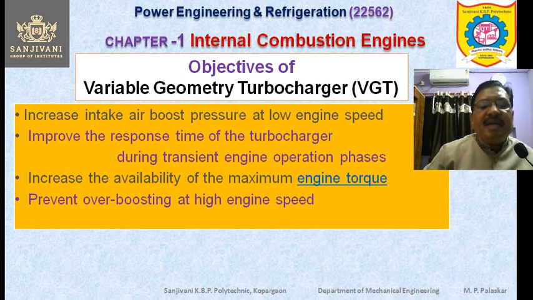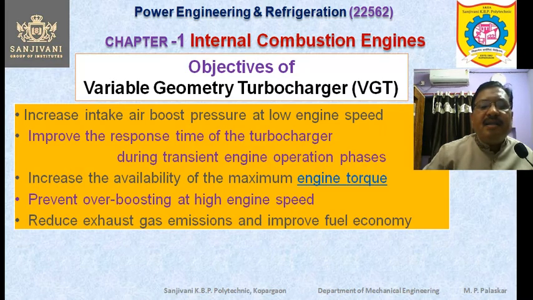At the same time, with the help of this variable geometry turbocharger, VGT, we have to prevent overboosting at high speed. When the speed of the engine is high, the boosting automatically increases. So this we have to prevent, and we have to improve the exhaust gas emissions.